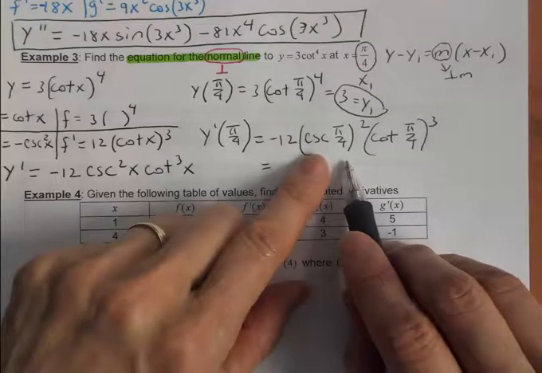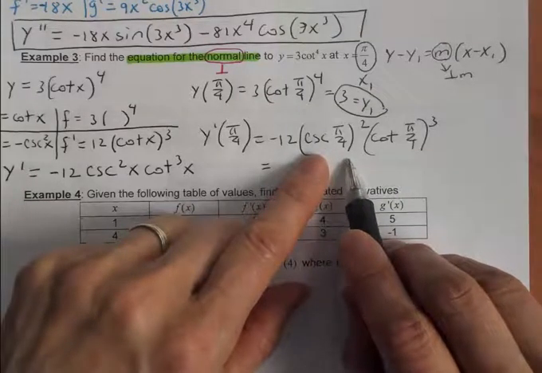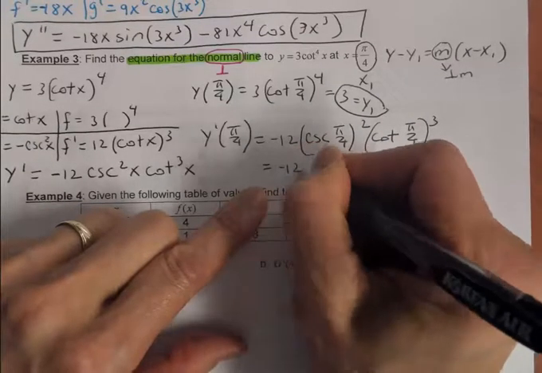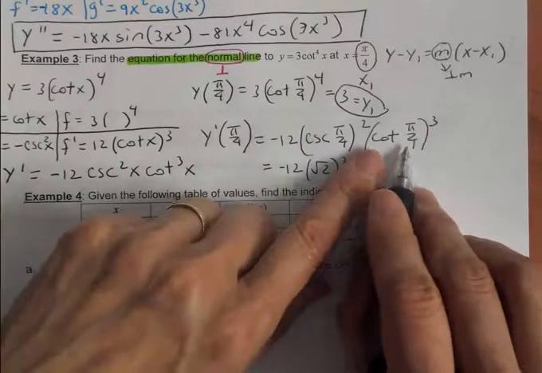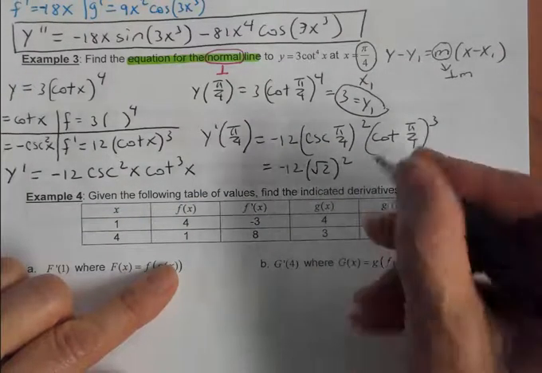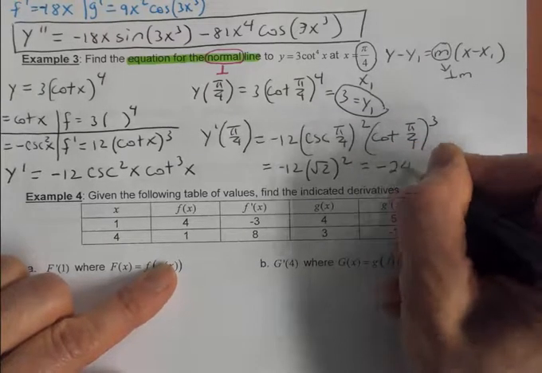Square root of 2. Yes, exactly. And then you're going to square that. So it'll be negative 12, take the square root of 2, square that, and then we already said cotangent of pi over 4 is 1, so that's just 1 cubed. So then your answer here is going to come out to be negative 24.